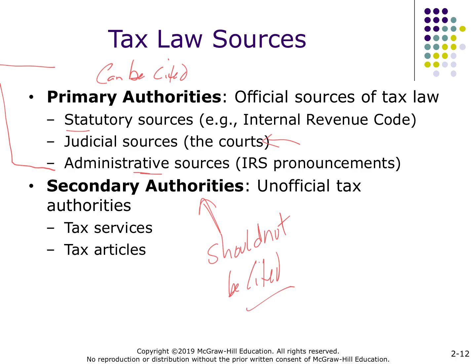So they're unofficial authorities. I would be a secondary authority, all right? As knowledgeable as I am, you do not want to go to your tax partner in your office and say, well, Professor McFessel said Internal Revenue Code Section 162, and then quote the code, not Professor McFessel.